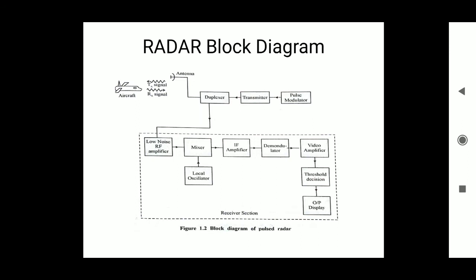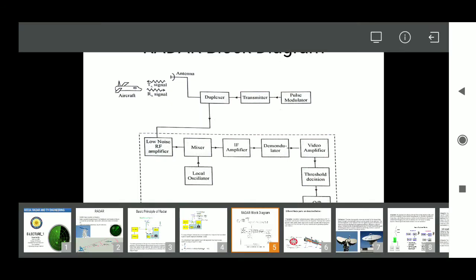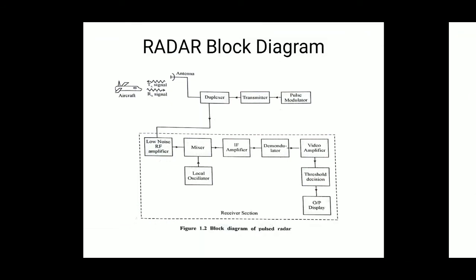After removing the noise, the signal comes to the mixer. At the mixer, the local oscillator signal also comes to this point, and after subtraction of the signals, we get the constant IF signal, the intermediate frequency signal.